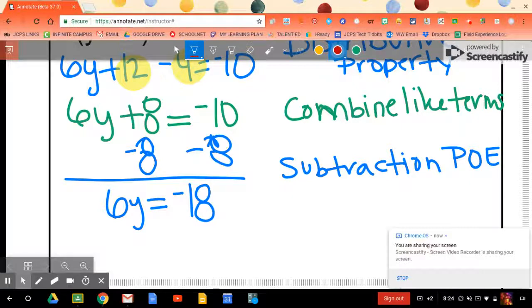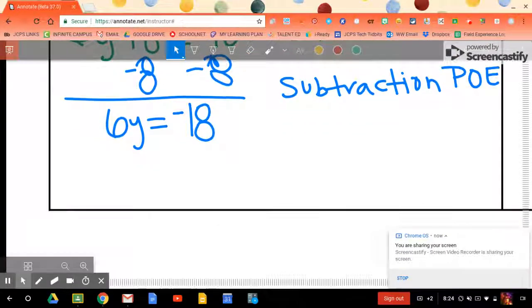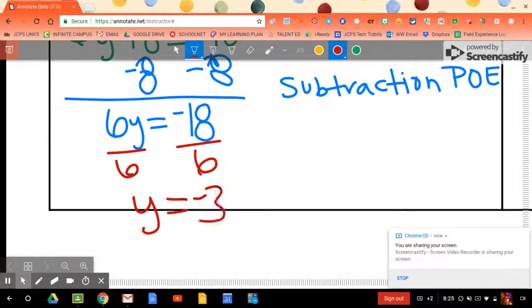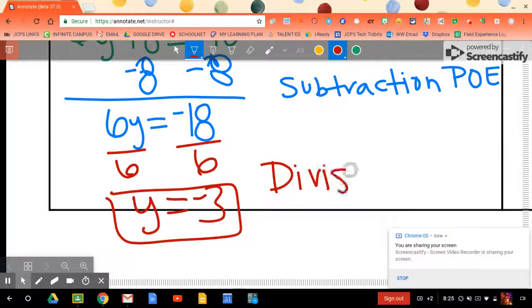And then our last step is to divide by 6. And we get y equals negative 3. So that last step was our division property of equality.